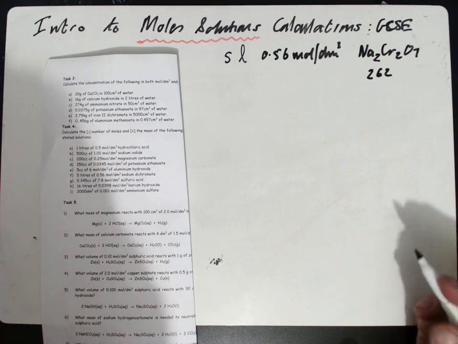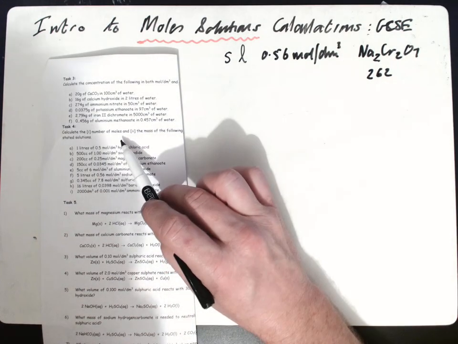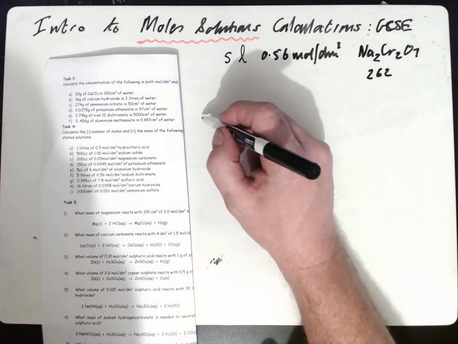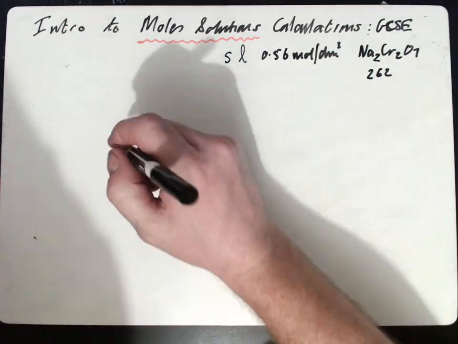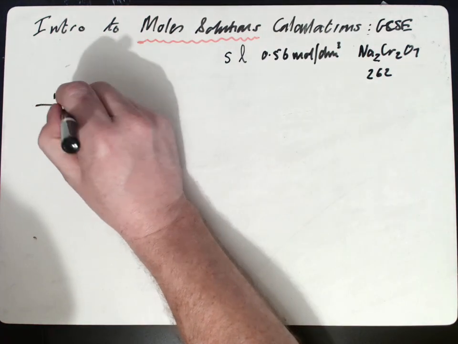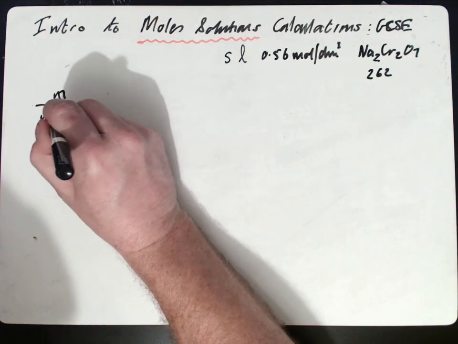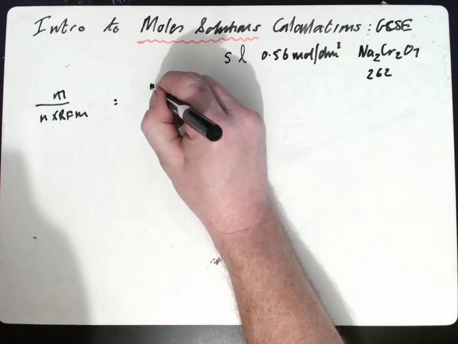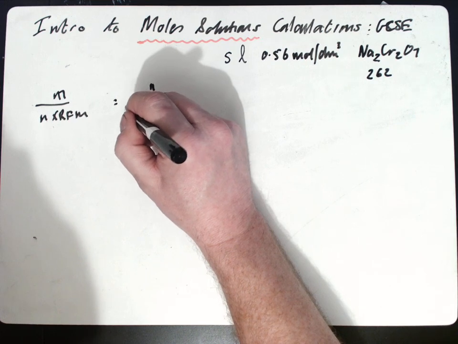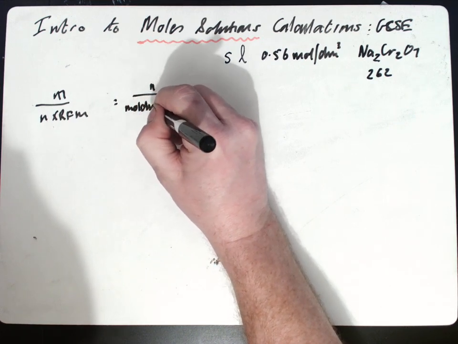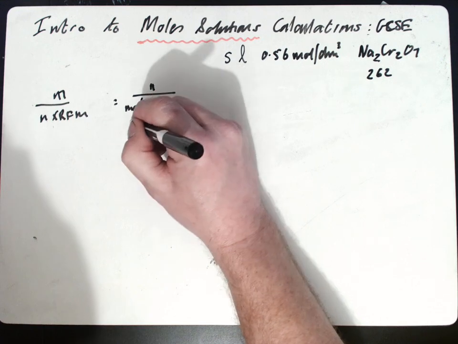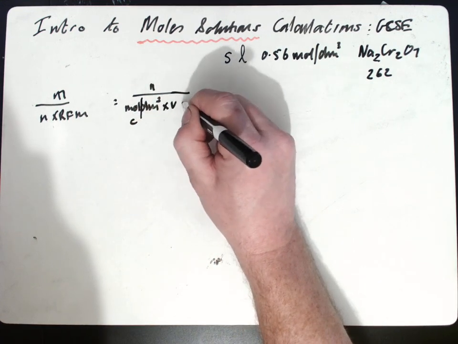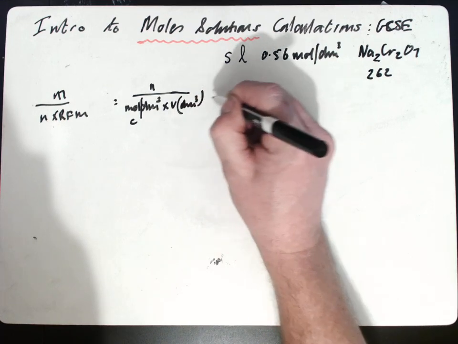The question here asks us to work out two things: moles and mass. So again we just remind ourselves very quickly of the formulas that we need to be aware of. Mass is moles times RFM, and moles is concentration in moles per decimeter cubed times volume in dm cubed.